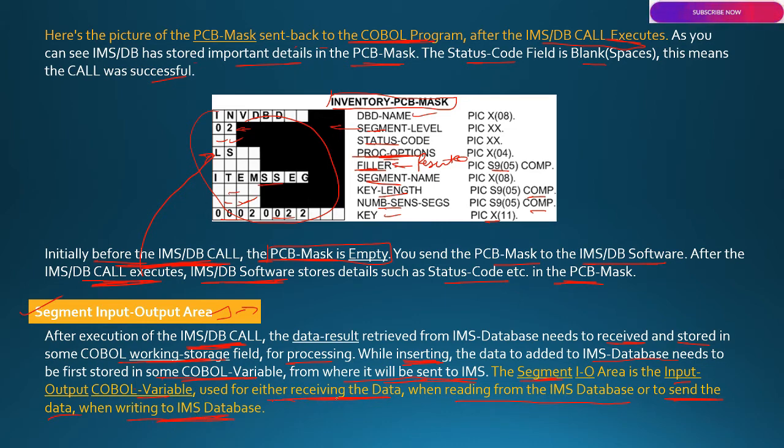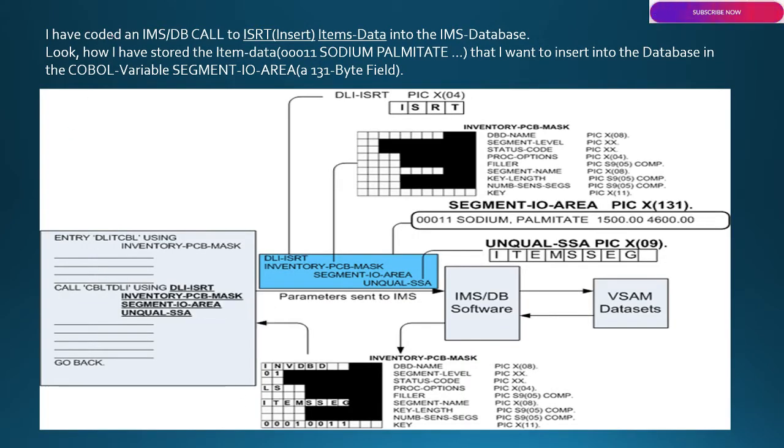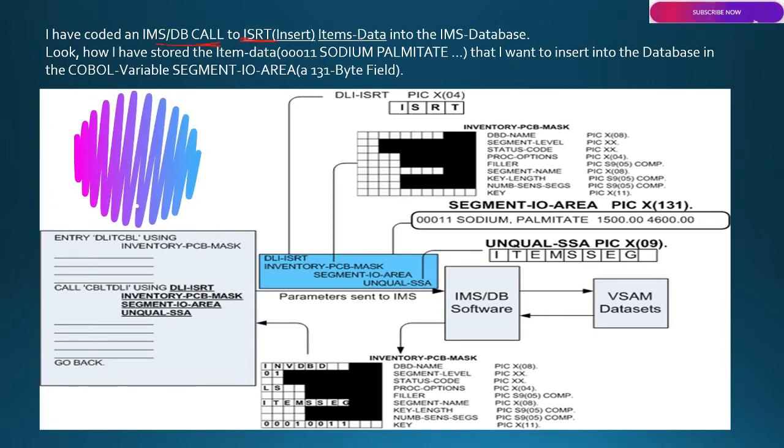So this is the functionality of these parameters. It can receive data when we are reading the IMS database, and we need to send the data in this area when we are updating or writing to the IMS database. I have coded an IMS DB call statement to insert an item data into the IMS database.